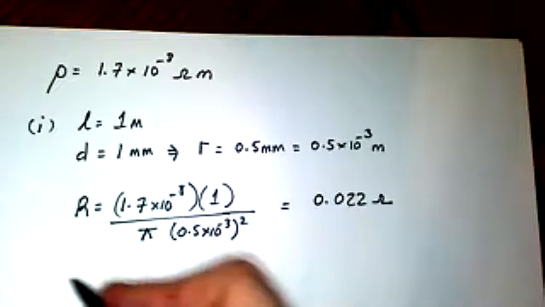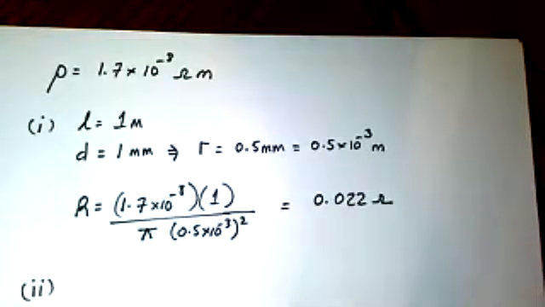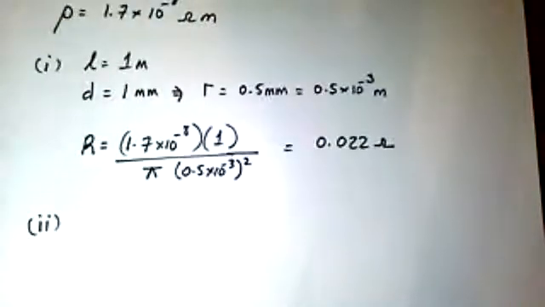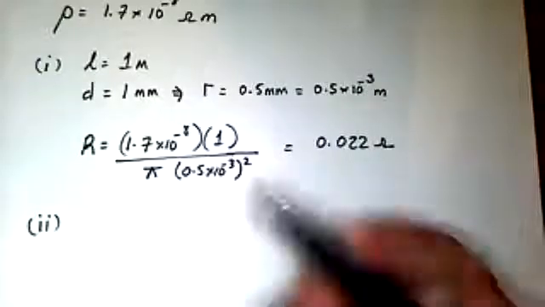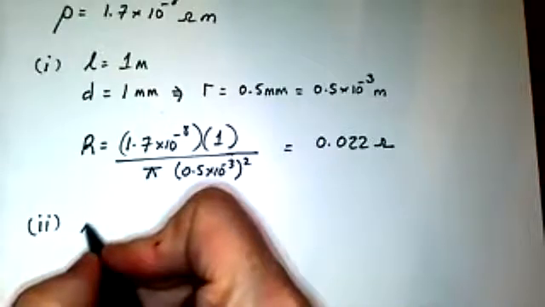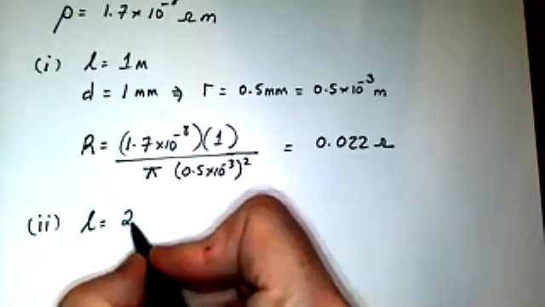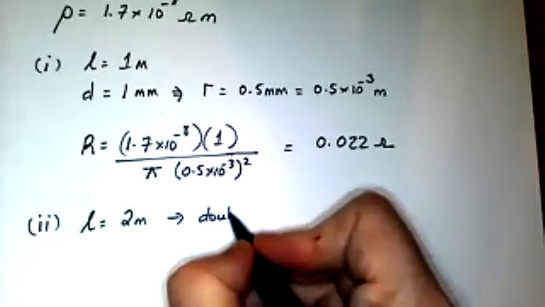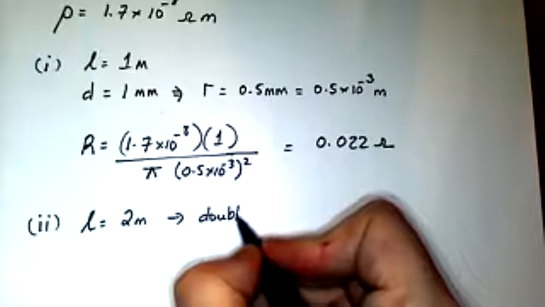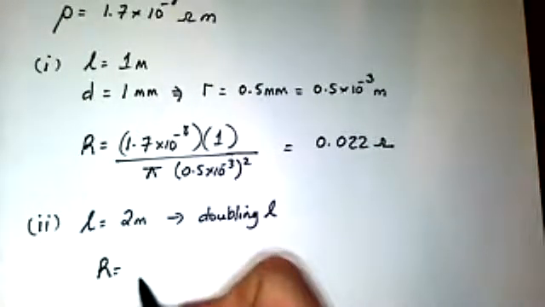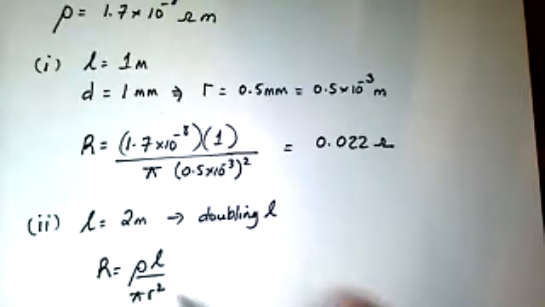The second part of your notes asks you to start thinking about what happens if we change some of the variables. It's telling me that I've got to change my length to 2 meters. So in other words, we are doubling L. The formula says R equals resistivity times L over pi r squared.